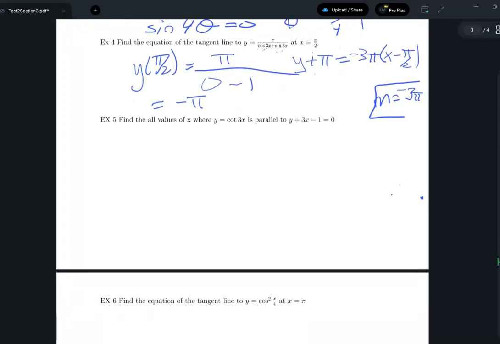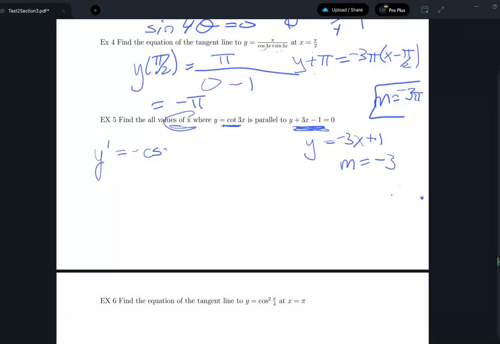Okay, let's look at this one. I want x values where this thing is parallel to this. If I rewrite this, I can see that the slope has to be negative 3. So I want all the values of x where the slope is negative 3. Let's go find the derivative, because that tells me the slope of the tangent line.